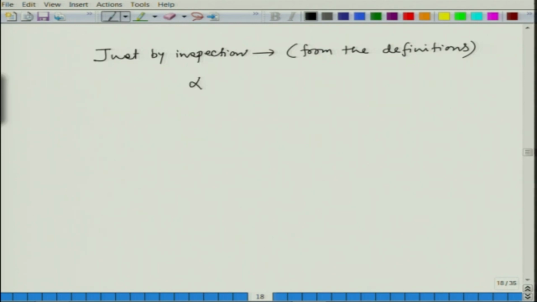So, alpha plus theta z will make a right angle. This is the altitude angle and this is the zenith angle.